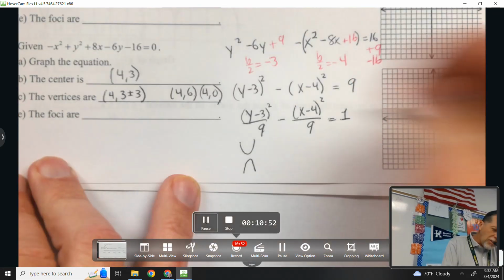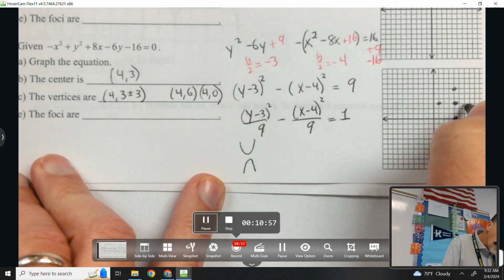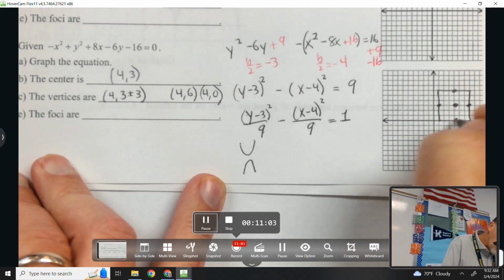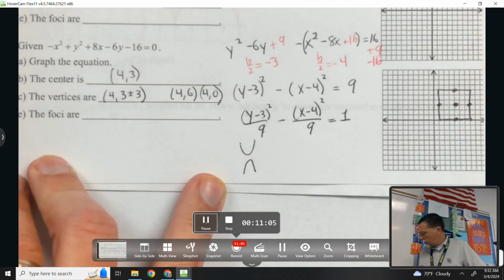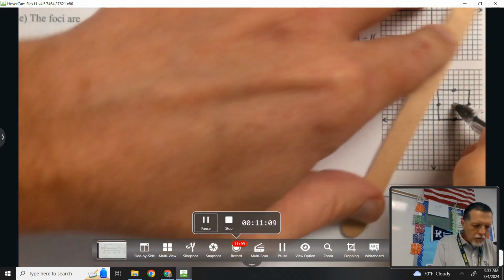Let's finish graphing it. So let's go 3 left and right. And make our square. Well, it's not always a square. Make our rectangle, more generally. And that sets the asymptotes.